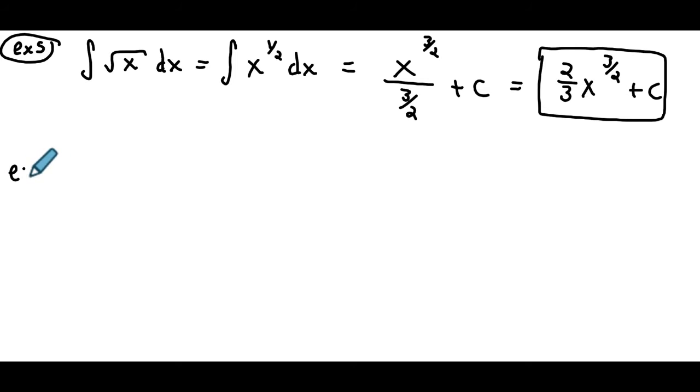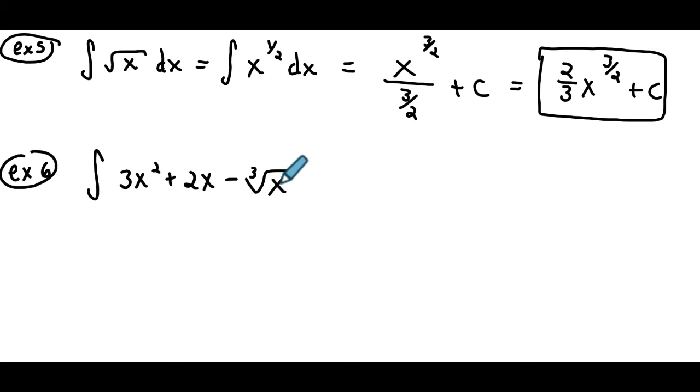Let's do one more. Sometimes you can do multiple steps. So let's say I have the integral of 3x squared plus 2x minus the cube root of x plus 4 times the fourth root of x cubed minus 9, and our variable of integration is dx.